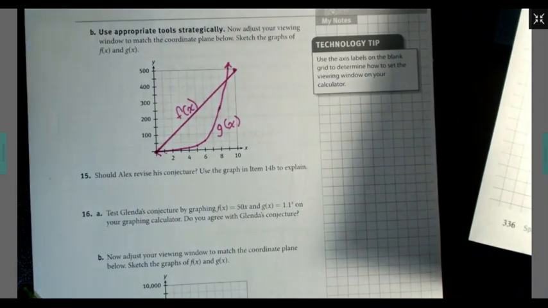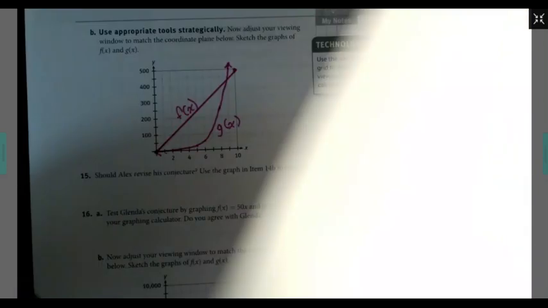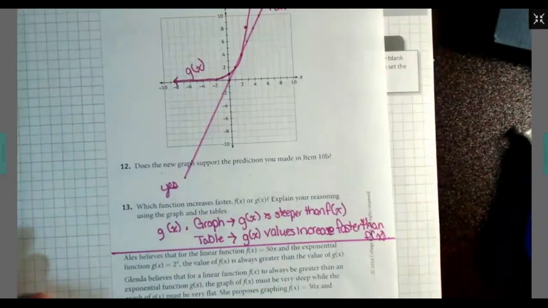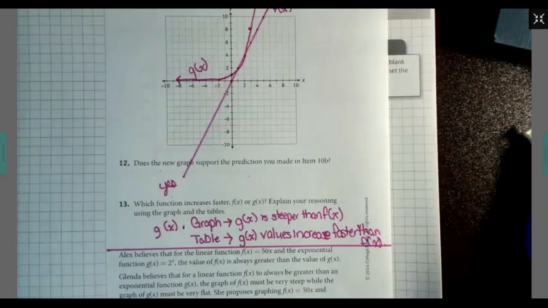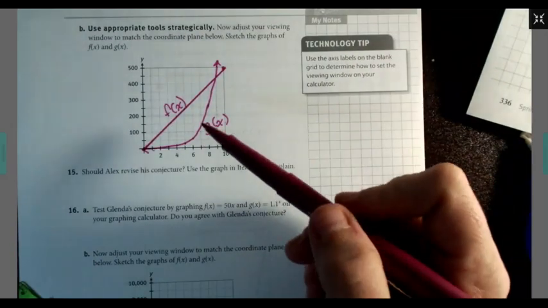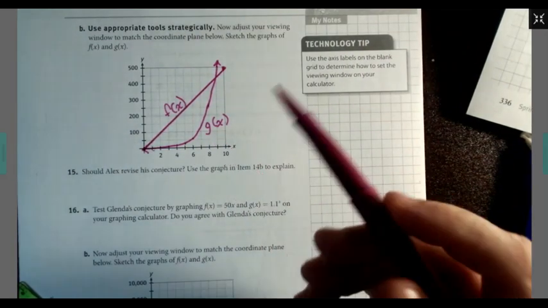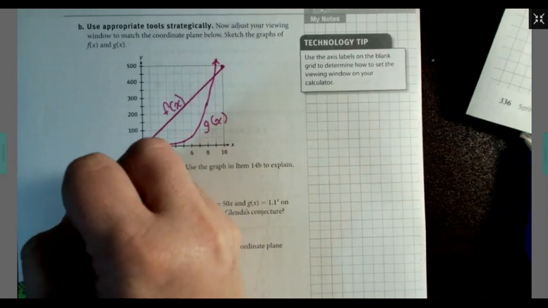Should Alex revise his conjecture and use the graph in item 14b to explain? Now remember, Alex believes the value of f of x, so the value of the line, is always greater than g of x. So the line is always bigger than the curve. Yes, we should revise it.